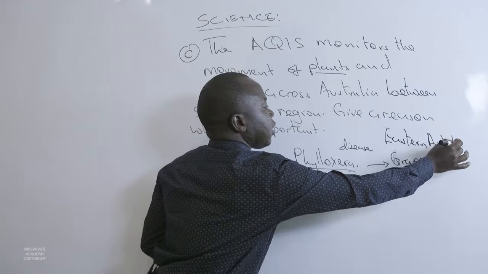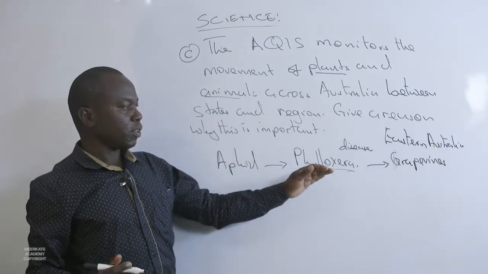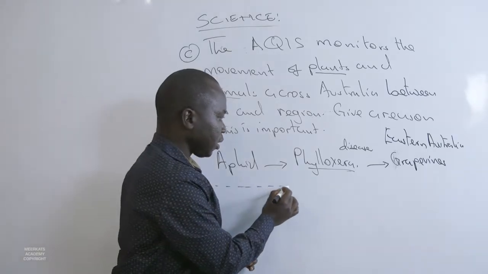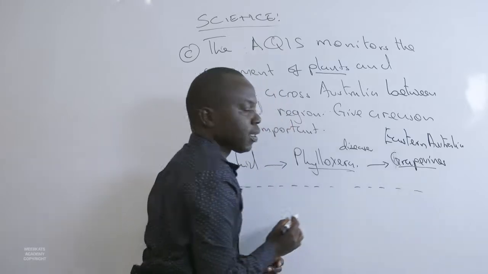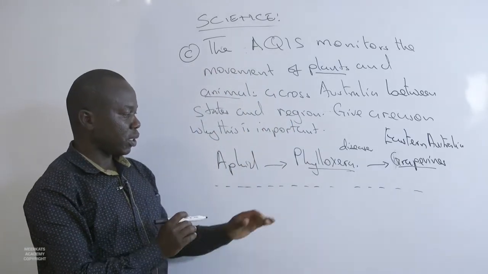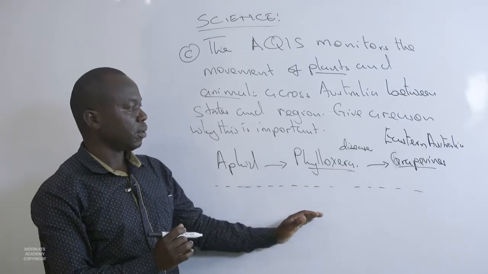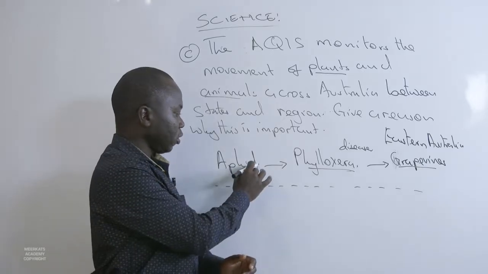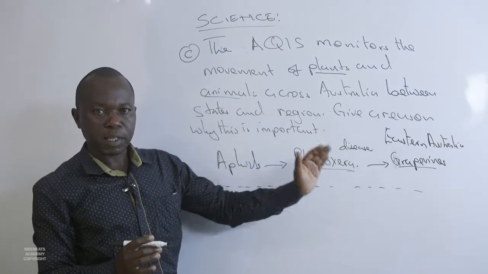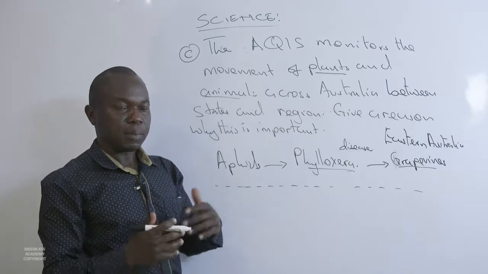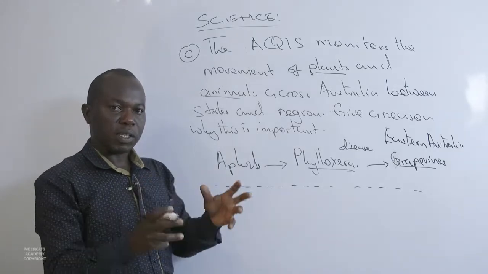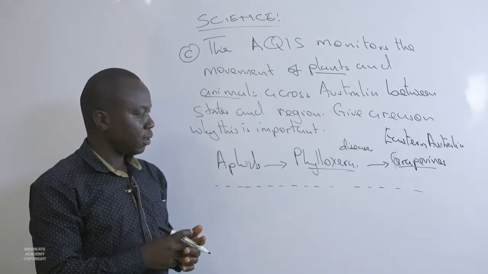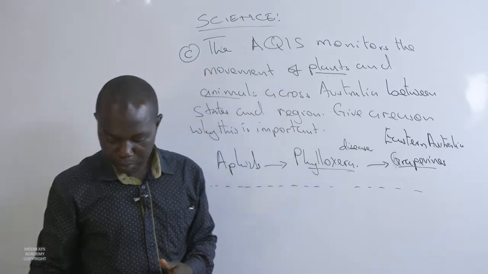To prevent the spread of the disease to other parts of Australia, the Western and South Australia, there must be restricted movement of these grapevines or the fruits, so that it cannot spread to other areas. So it is in essence just to prevent the spread of the disease, so that when it is confined in one area, it becomes very easy to control it and even treat the plants and animals that are affected.